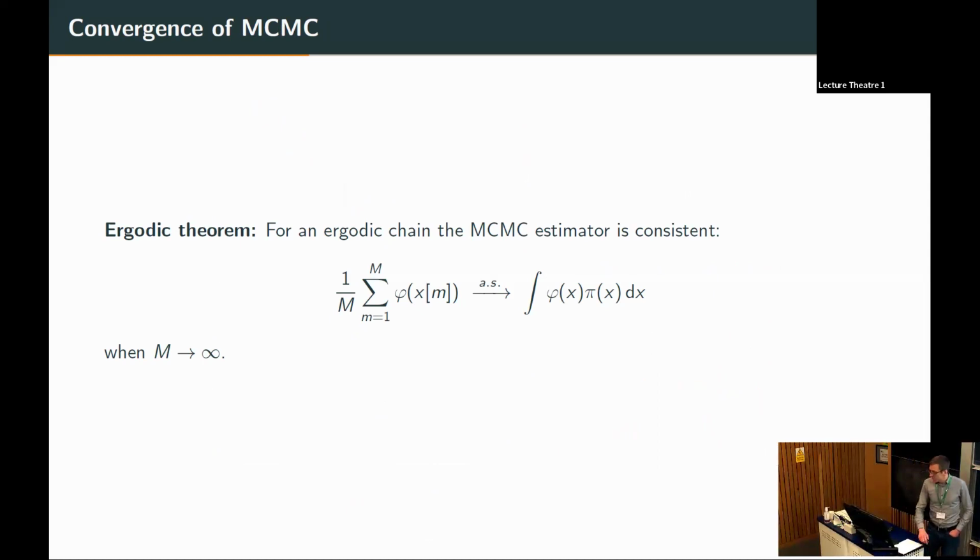Okay, so I want to use this Markov chain to approximate pi, or more specifically approximate expected values with respect to pi. So just a few words about what that actually means.